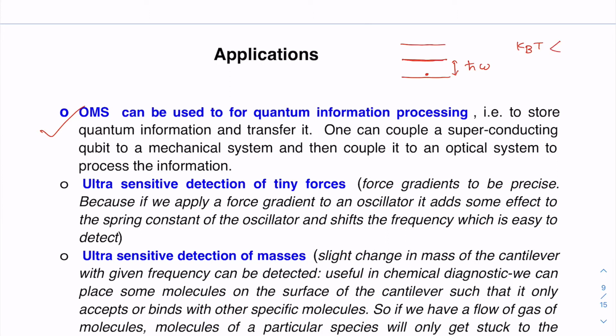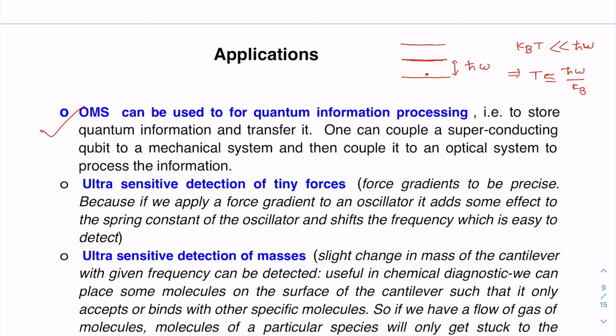So the k_B T, this thermal energy, should be much smaller than ħω. So as you can see, to have this condition, the temperature should be below ħω by k_B. We can just make a rough estimate, and it turns out that because these mechanical oscillators are oscillating in the frequency range of kilohertz to gigahertz, this amounts to a temperature far below 20 millikelvin or so.